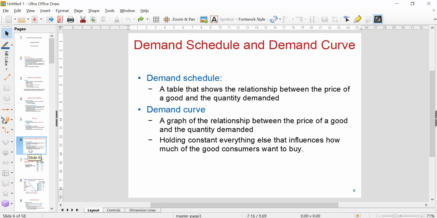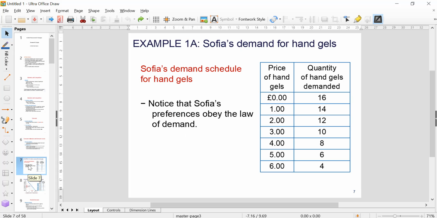We should always keep in mind that in exams and assessments you will be required to say holding everything else constant, or holding constant everything else that could influence consumers' demand. Here is an example of a demand schedule. So this is Sophia's demand schedule for hand gels.